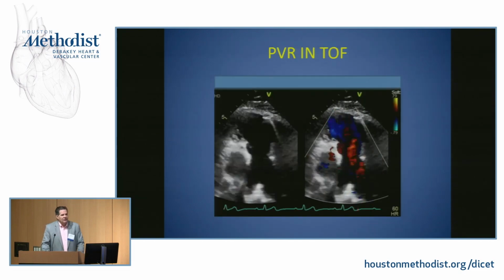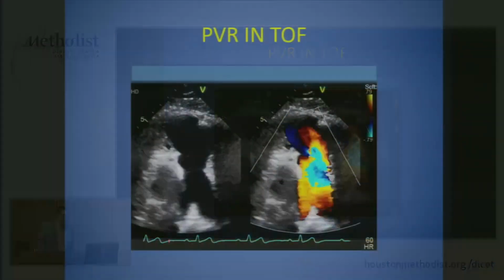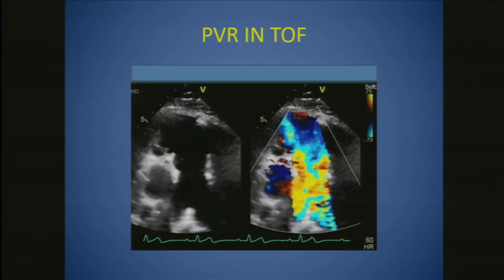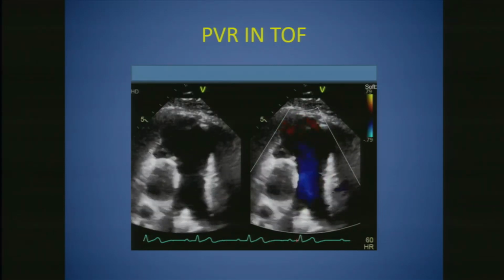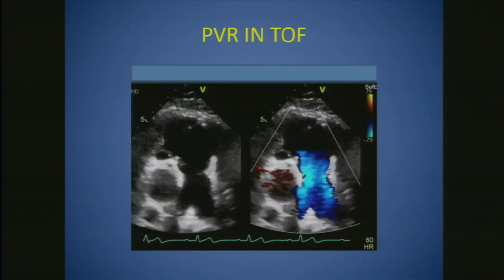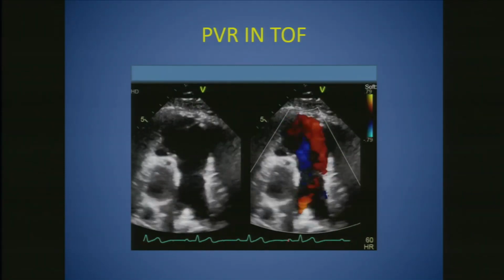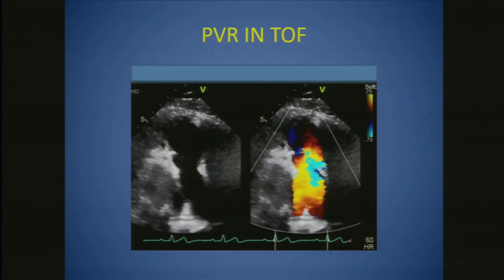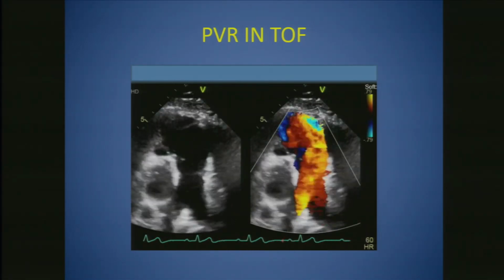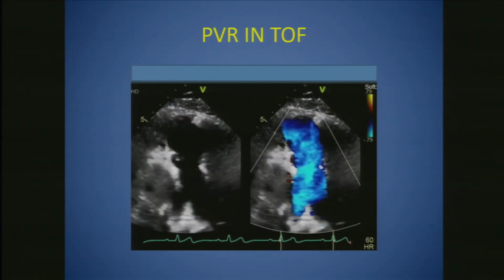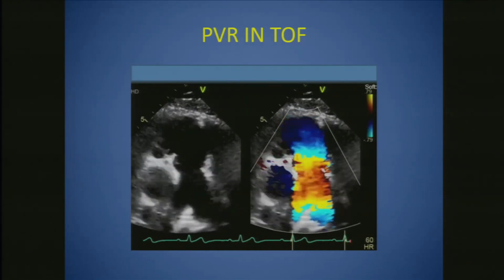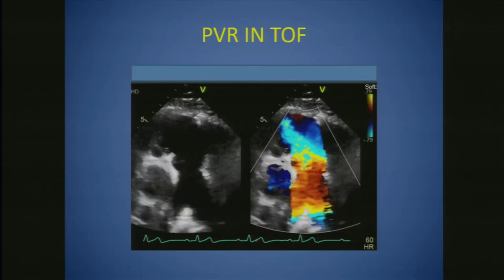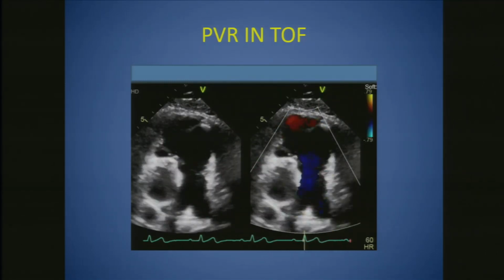This is a patient who's had a transannular patch. There is some right ventricular enlargement, though you don't see it in this view. You can see a tiny remnant of pulmonary valve right there. And then you have a relatively unobstructed right ventricular outflow tract with wide open pulmonary regurgitation, and the branch pulmonary arteries look pretty good.